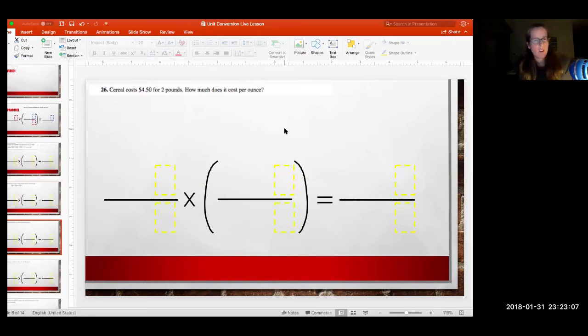Cereal costs $4.50 for 2 pounds. How much does it cost per ounce? Okay, so we're going to write down what we know. Tanya, can you tell us what we know?